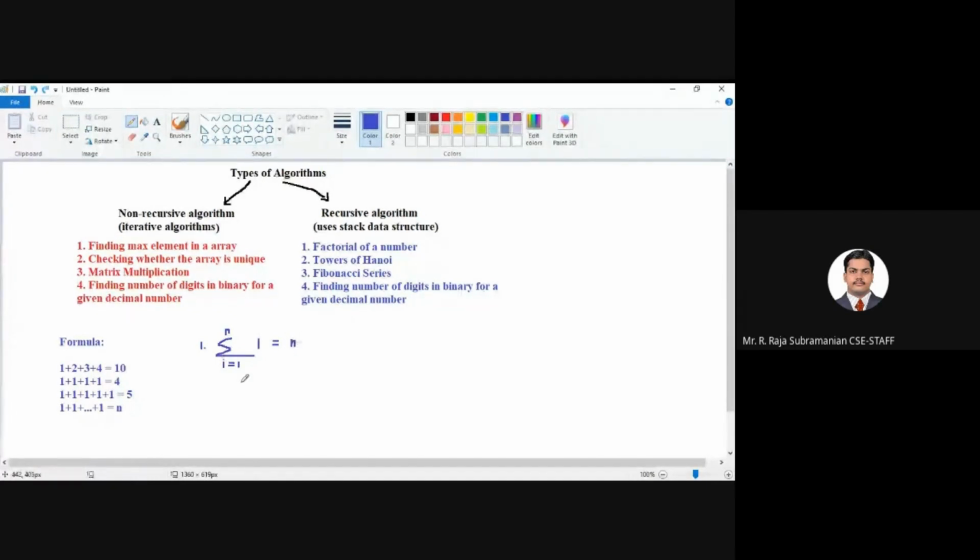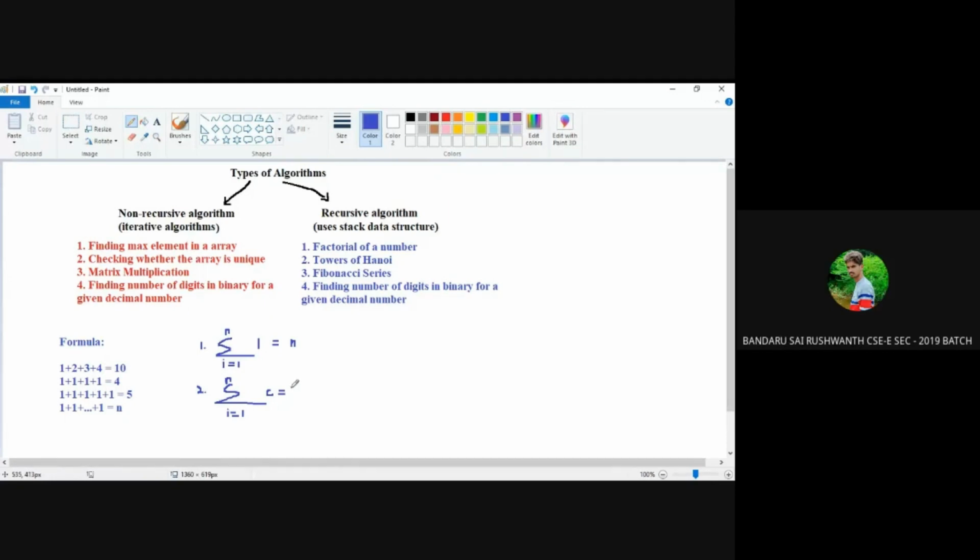So immediately say the answer for this also: summation of a constant C. The constant can be 2 or 3 or anything.